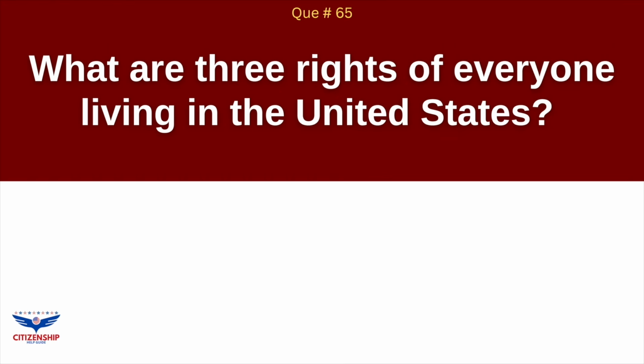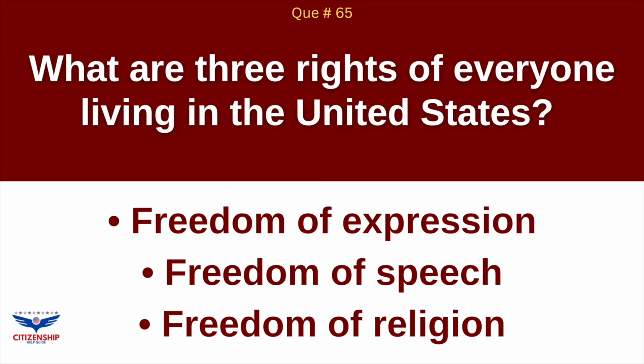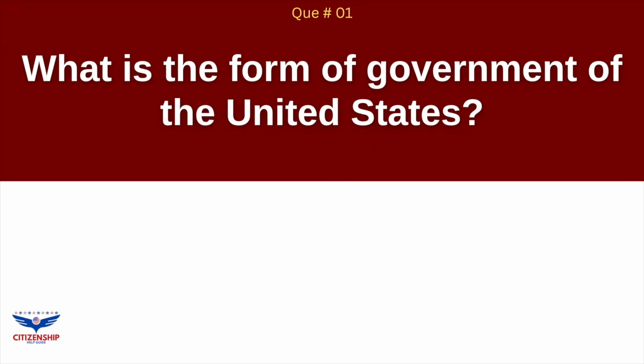What are three rights of everyone living in the United States? Freedom of expression. Freedom of speech. Freedom of religion. What is the form of government of the United States? Republic.